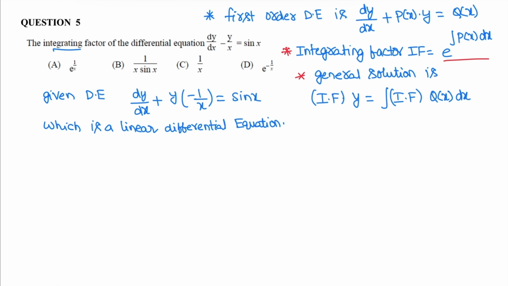So the above expression can be rewritten like this, which is a linear differential equation. Here p of x is minus 1 by x and q of x is sin x. Integrating factor is equal to e power integral p of x into dx.